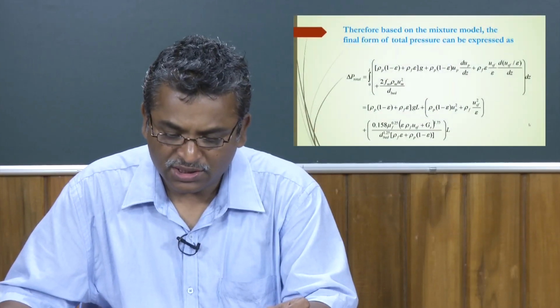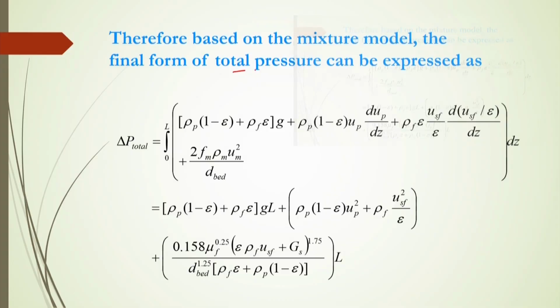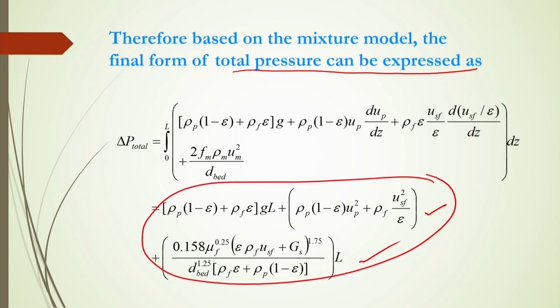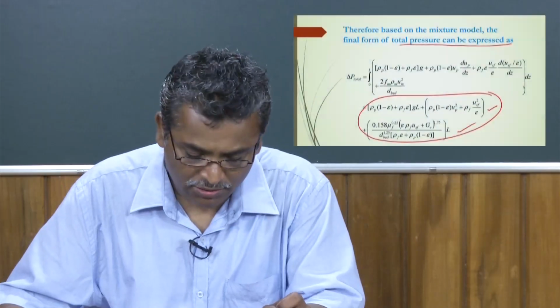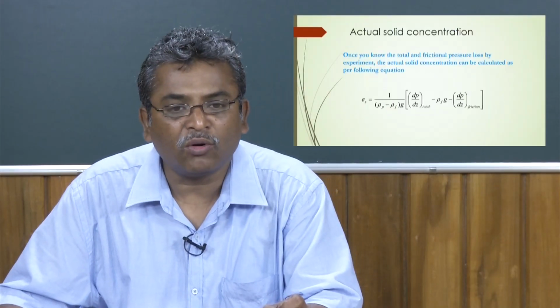Therefore, based on the mixture model, the final form of the total pressure drop can be calculated by integrating this equation. The final form of the equation you can get from this equation here, which will give you the total pressure drop based on the mixture model.